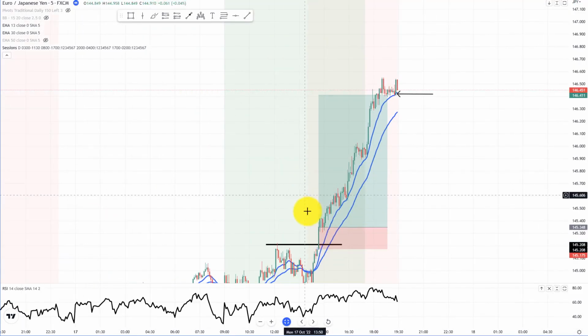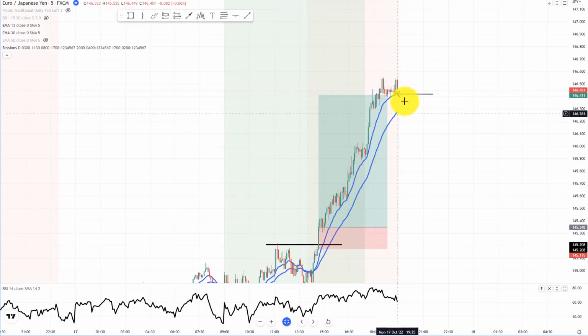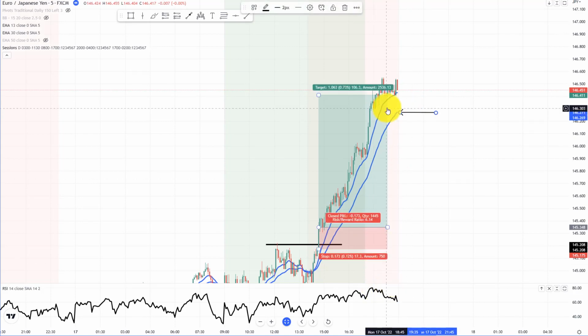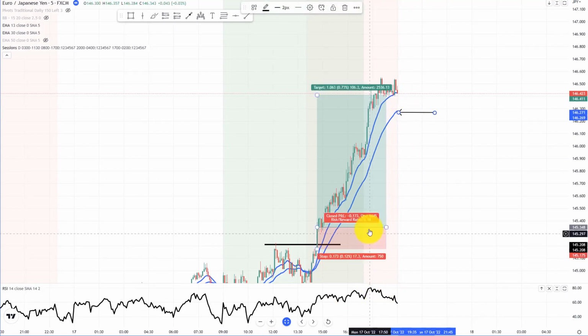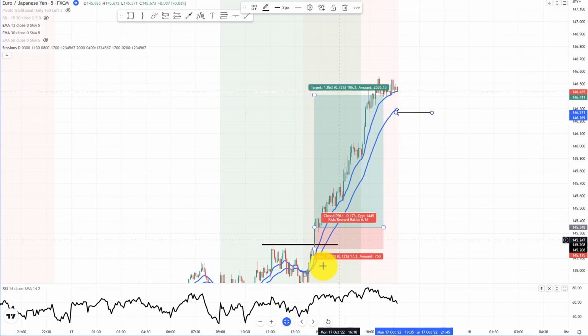This was a continuation at 3 p.m. So 3 has been hit. This is 6.1. The other one is still running. Divergence, not really yet. Well, you can say we have a divergence, but not. The divergence was just posted here.